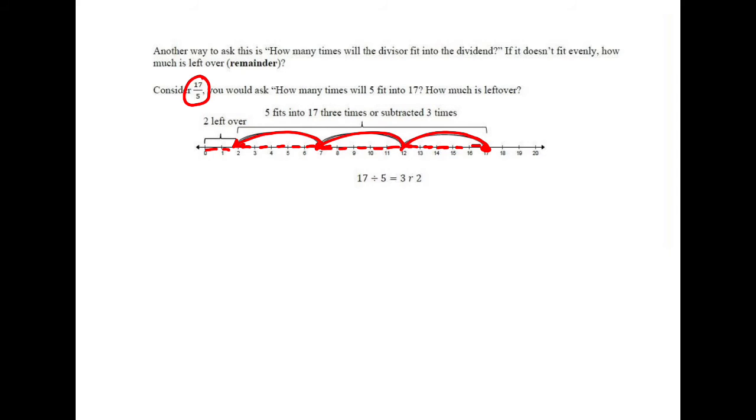And if I went down 5 again, I would pass 0, and you don't want to do that. So we consider these last 2 spaces the remainder, the extras left over. So 17 divided by 5 is equal to the 3 jumps that we made and then the 2 left. So 3 remainder 2.